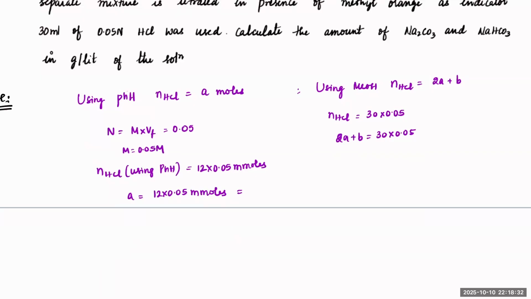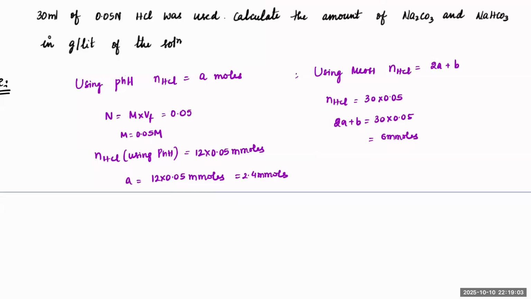So you can see here how many millimoles we have. 2.4 millimoles here. And what about here? 6 millimoles. Solving for A and B, you will get the value of A and the value of B here.